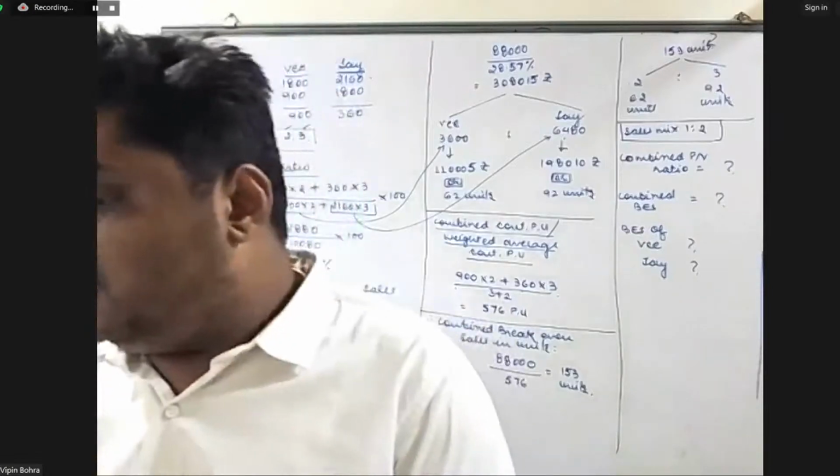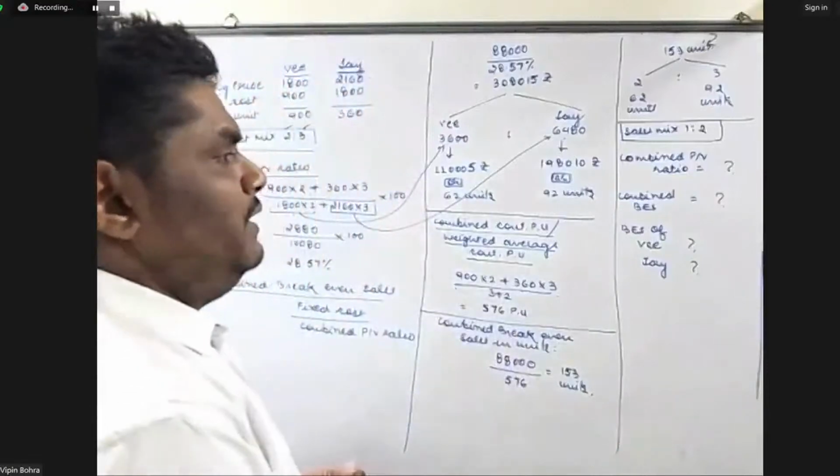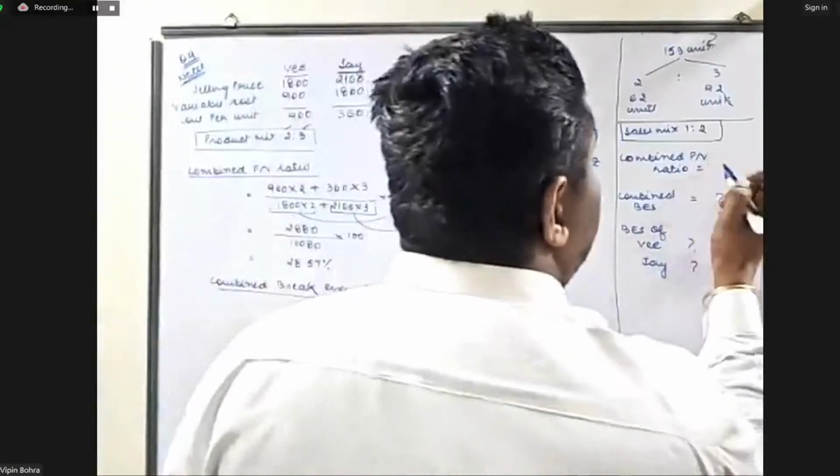So the combined PV ratio, the correct answer is 26.47. So I think everybody's answer is correct.